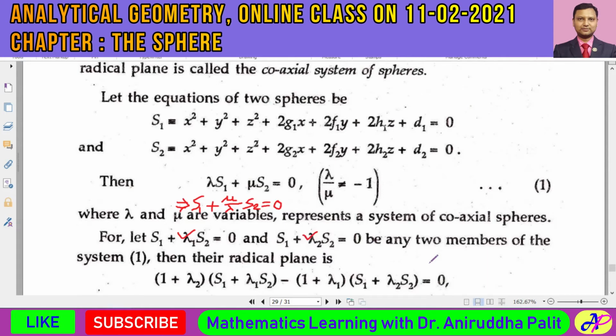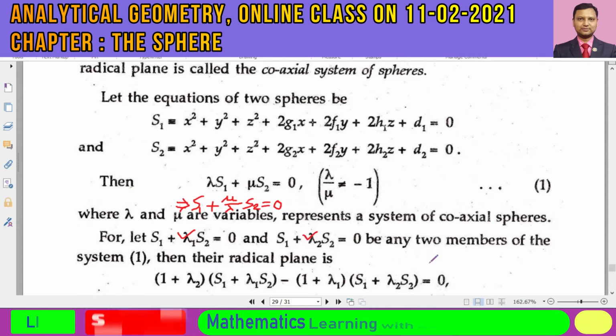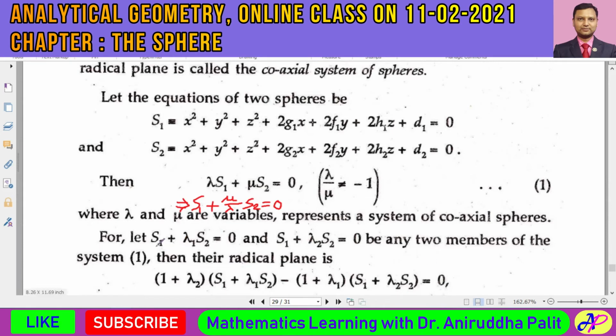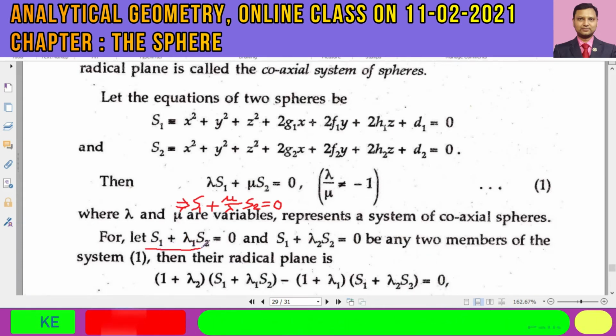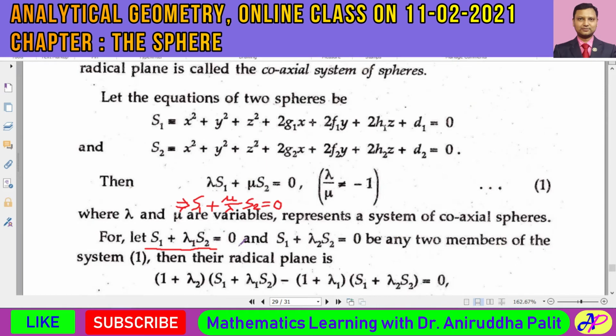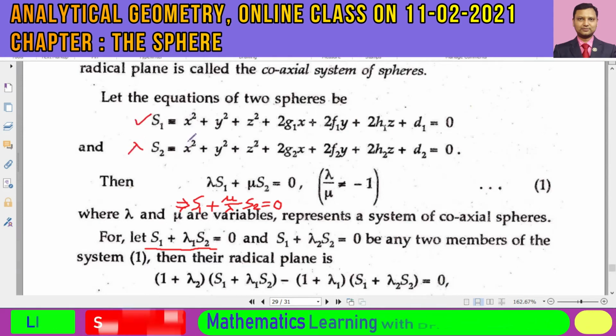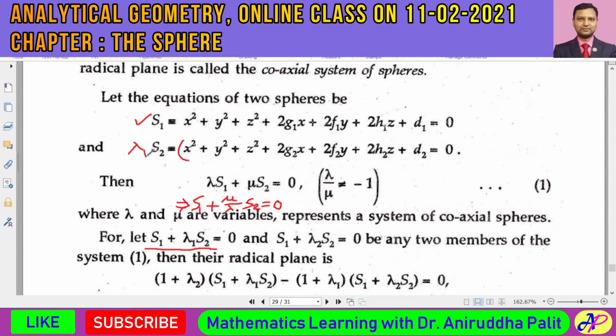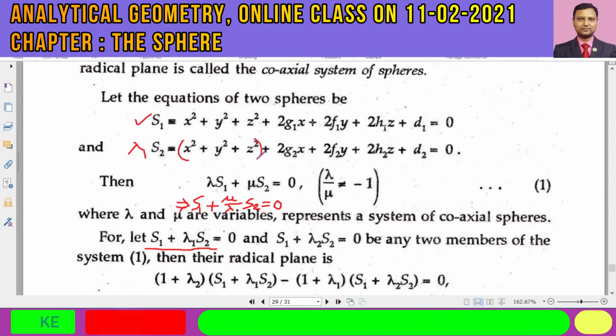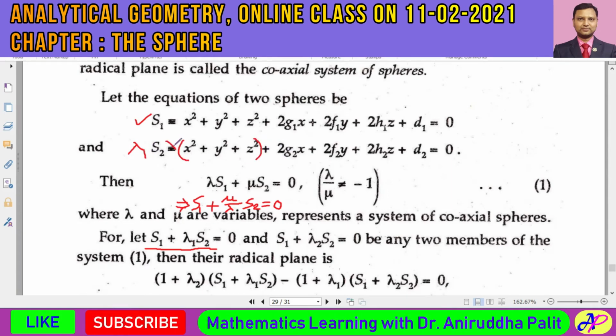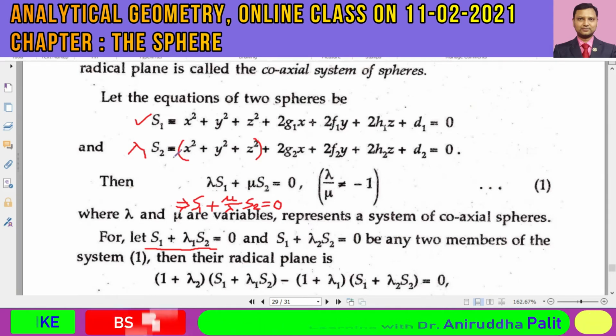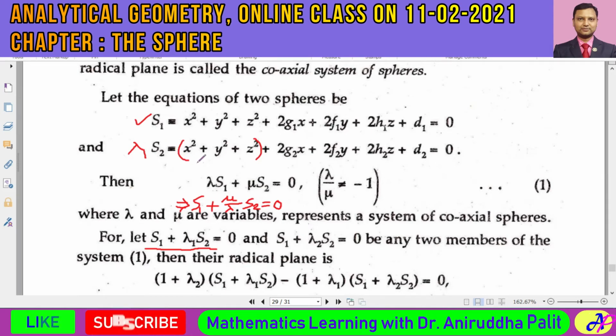Okay, and now if we consider the first expression s1 plus lambda 1 s2 is equal to 0, what would be the coefficient of x square? s1 is this kind of expression, and in lambda 1 s2, the coefficients of x square plus y square plus z square have to be multiplied by lambda 1.